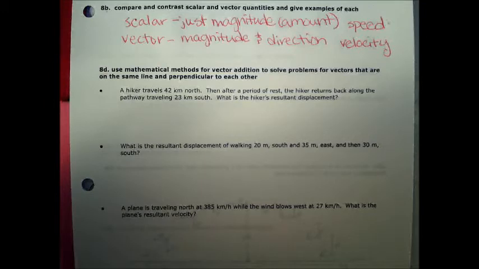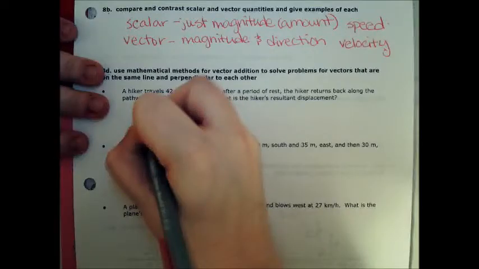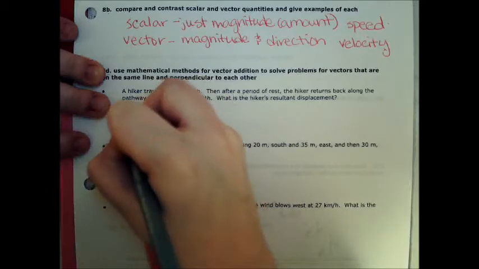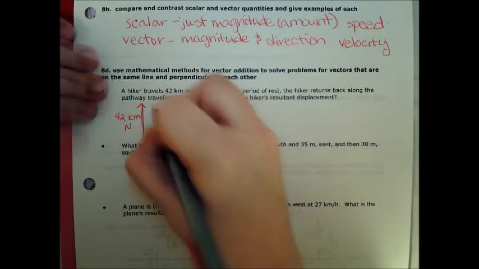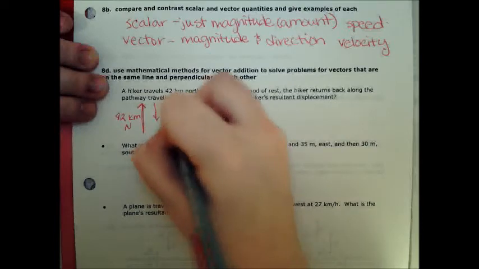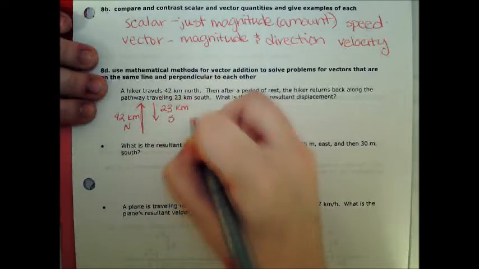So this first one: a hiker travels 42 kilometers north. After a period of rest, the hiker returns back along the pathway 23 kilometers south. What is the hiker's resultant displacement? So the vector diagram here, we have 42 km north, then 23 km south.